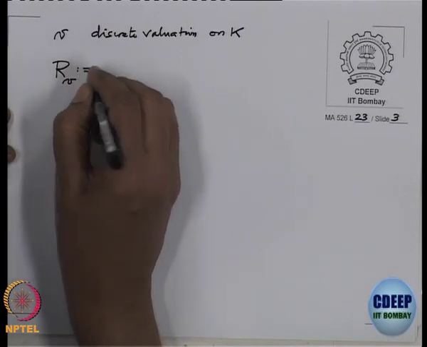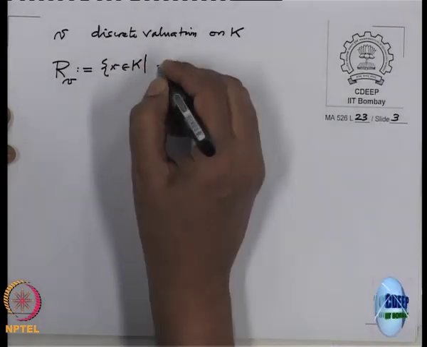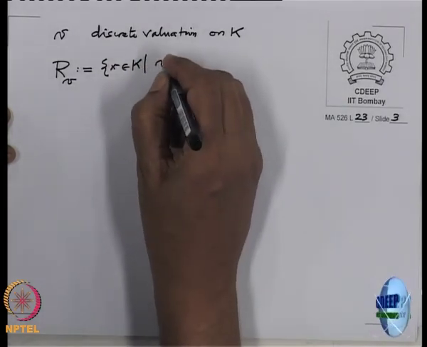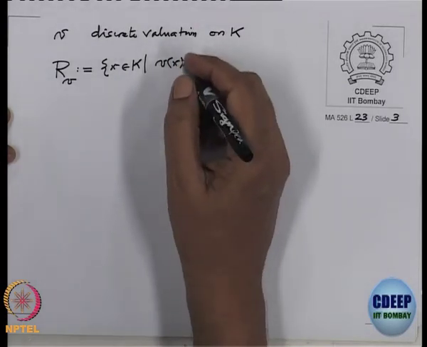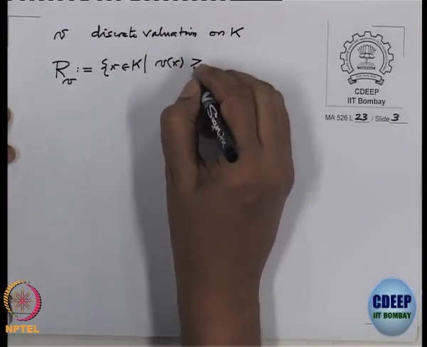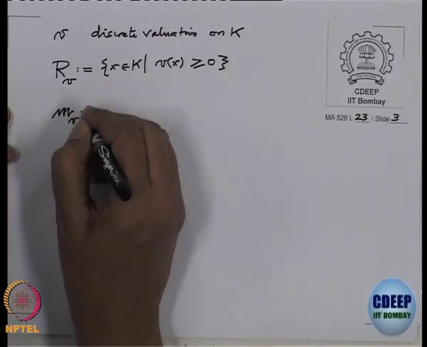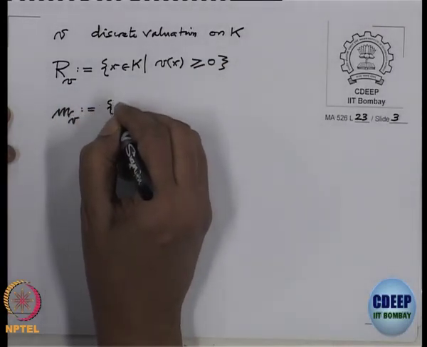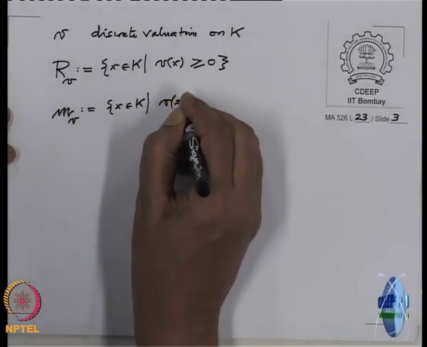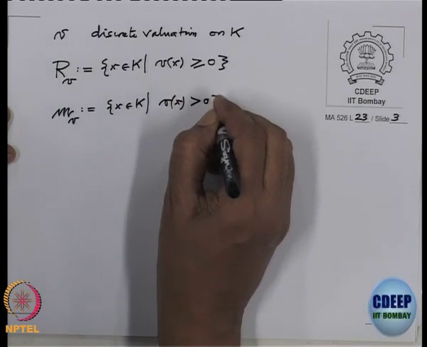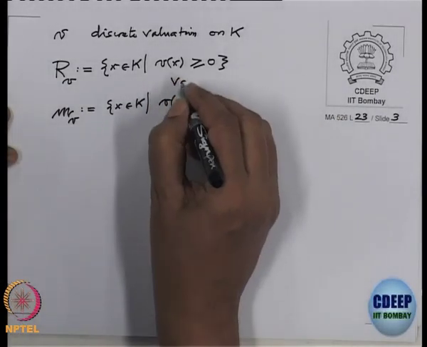This is by definition all those elements x in K such that V of x, which is called the value of V at x, is non-negative. And MV is all those x in K such that Vx is strictly bigger than 0. Then I want to note that this RV is called the valuation ring of V.